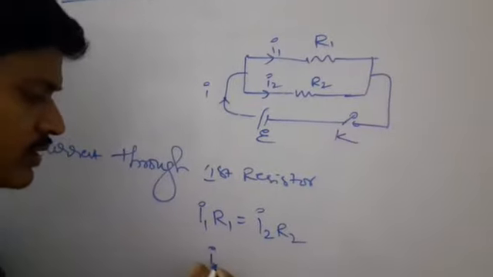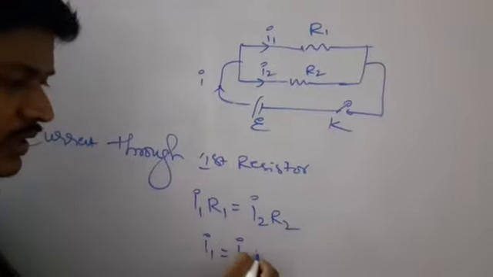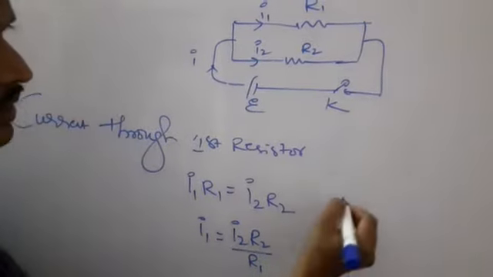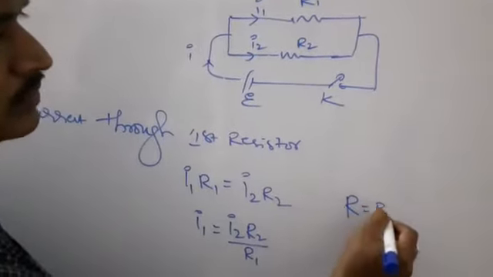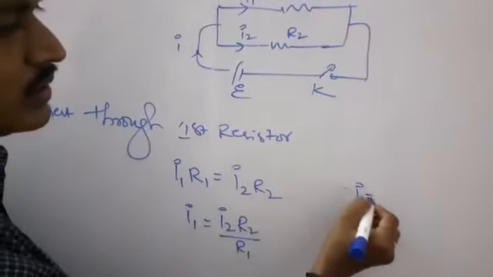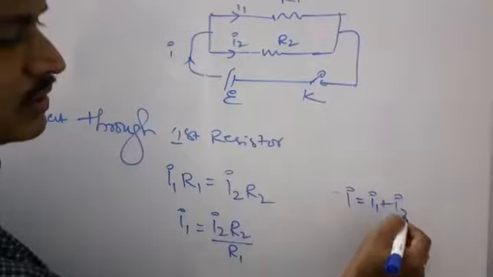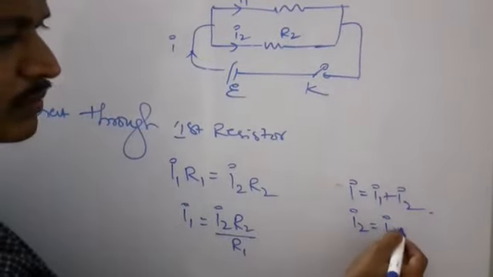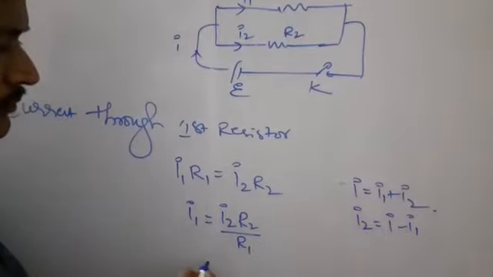Now we determine the I1 value: I2 into R2 divided by R1. The total current is I is equal to I1 plus I2, so I2 is equal to I minus I1.